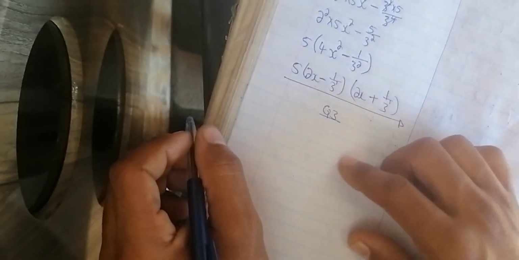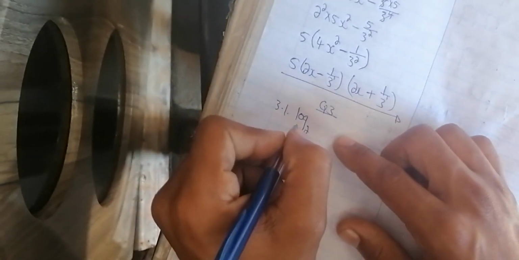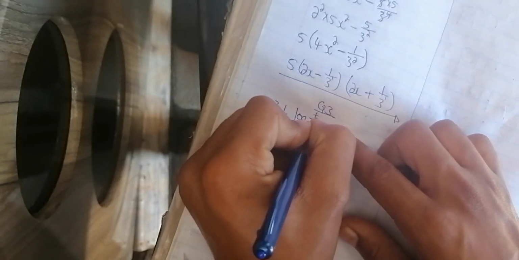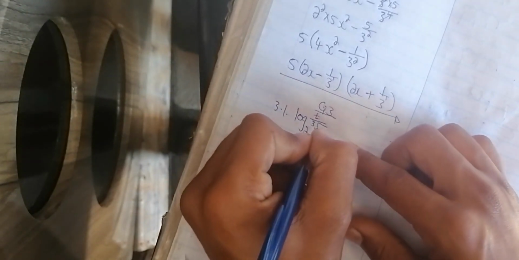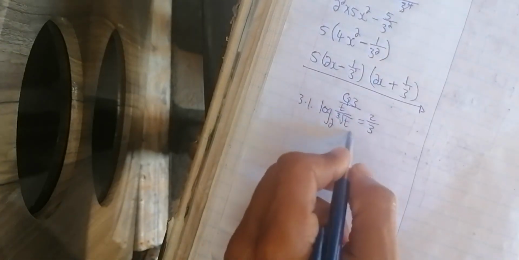Solve for t in 3.1. Solve for t if log subscript 2 of t times the third root of t equals 2 divided by 3, 2/3. Right, solve for t. Now if I were to solve for t here, can you see this?